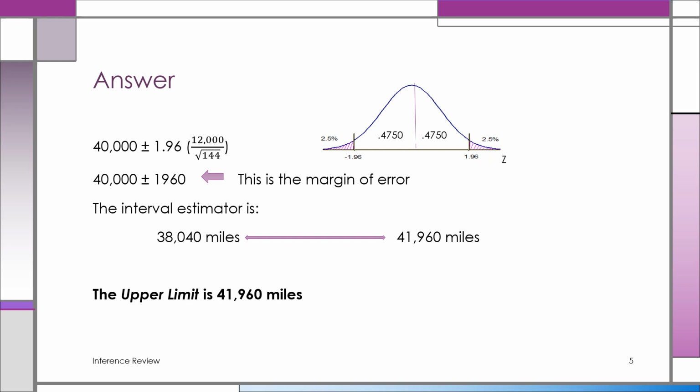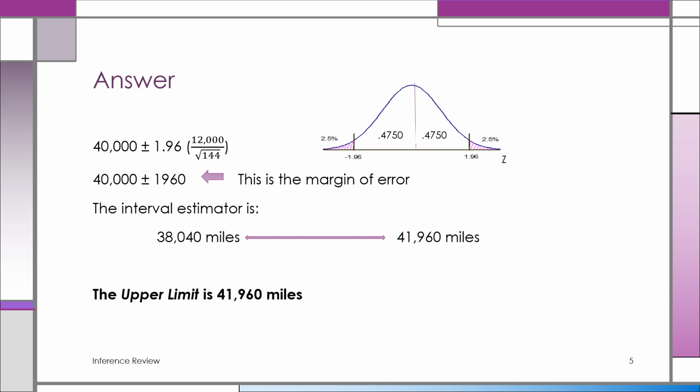And when you go into the z table and you look around in the middle, trying to find the probability that's closest to 0.4750, you actually do find it. And it's associated with a z value of 1.96. So that's plus 1.96 on the right side, minus 1.96 on the left side.